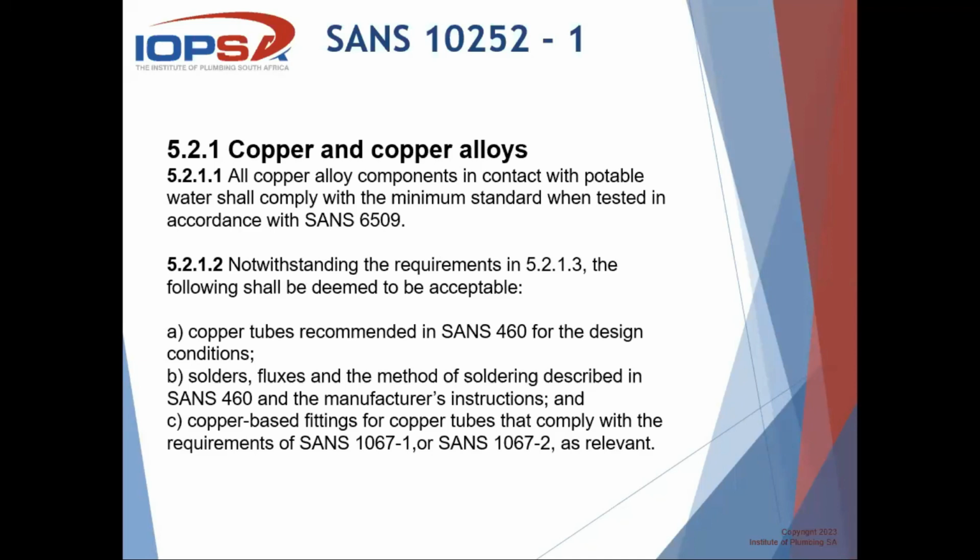So what's more important in this instance is 5212, which says, notwithstanding the requirements in 5213, the following shall be deemed acceptable: copper pipes recommended in SANS 460 for the design conditions, and then the solders, fluxes, and methods of soldering as described in 460, and the manufacturer's instructions. I think that is the most important part of what our people in the audience are dealing with on a daily basis.